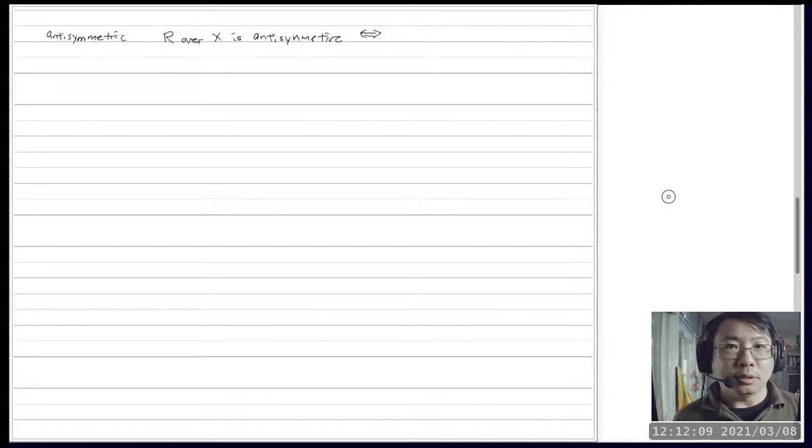So we can say R over X is antisymmetric if and only if, okay, because this is a definition, so we have to use if and only if, because if one is true, the other one is true, and if one is false, the other one is also false.